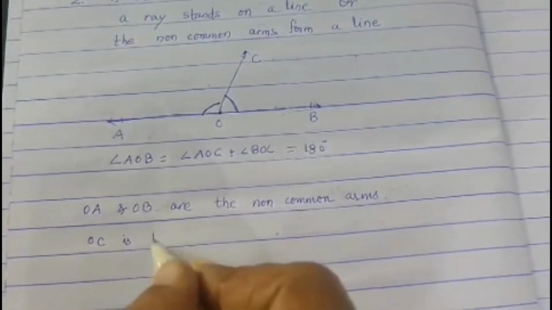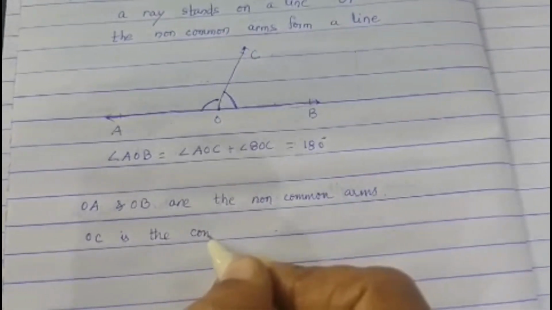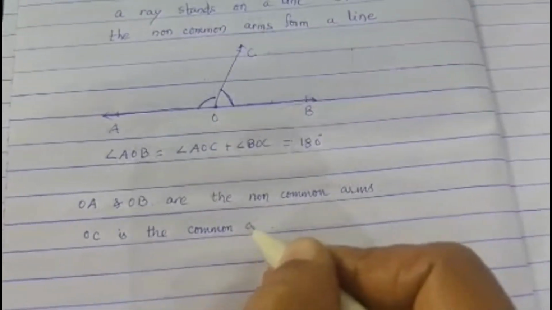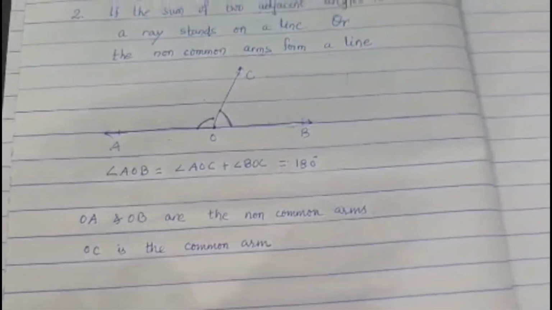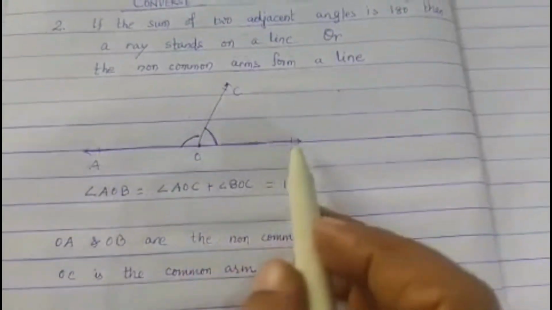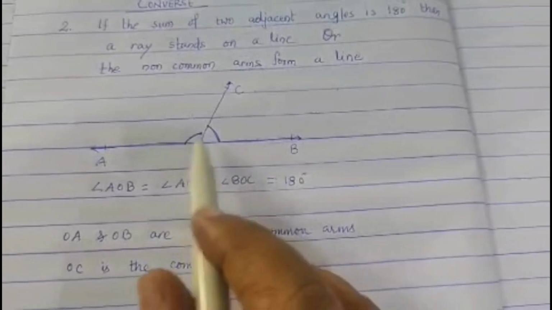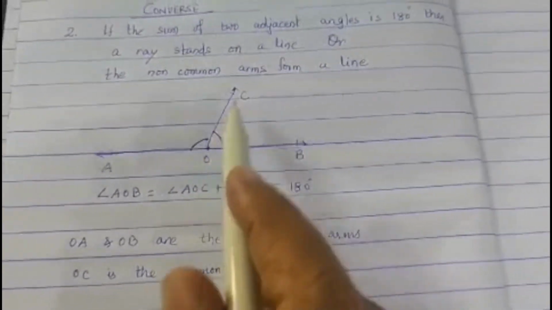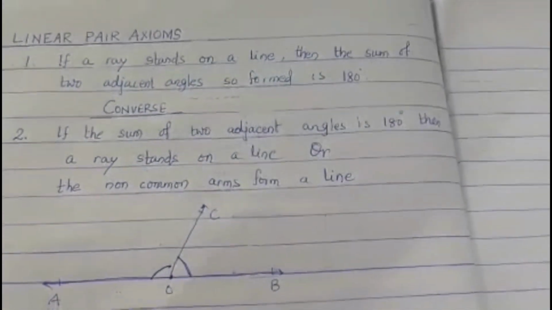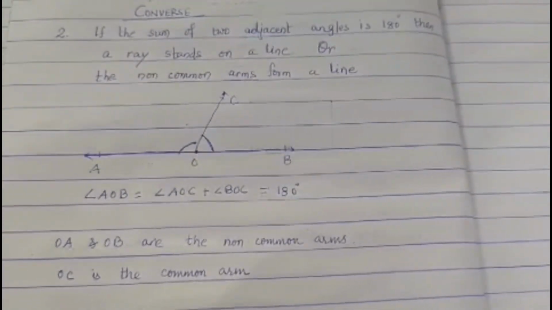I hope you understand this thing, that this angle will be equal to 180 degree, or a ray stands on a line. So let's now move forward.